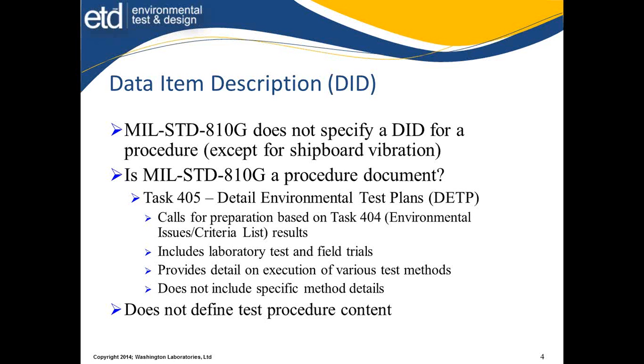So there's a lot left out if somebody says, oh, I'll just do the test according to Mil Standard 810. It requires much more definition, and blindly taking all the criteria of Mil Standard 810 is a severe impediment to getting a realistic test accomplished. It's almost impossible to do the worst case for all these events. But basically it does not call for or define the test procedure content.